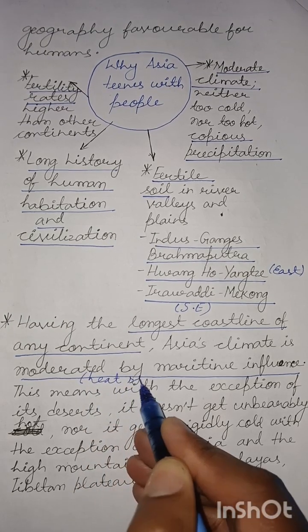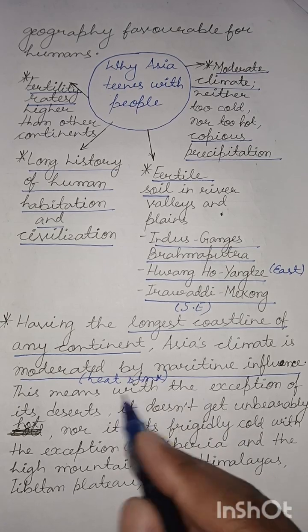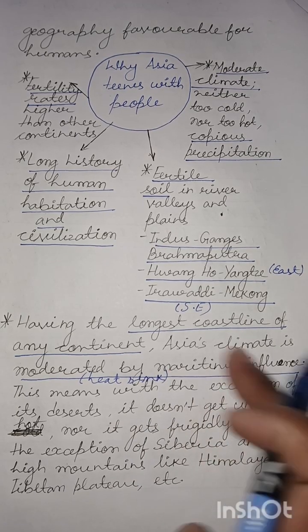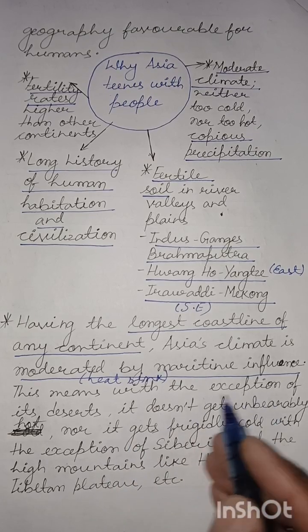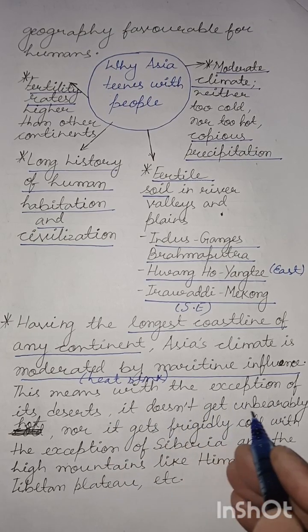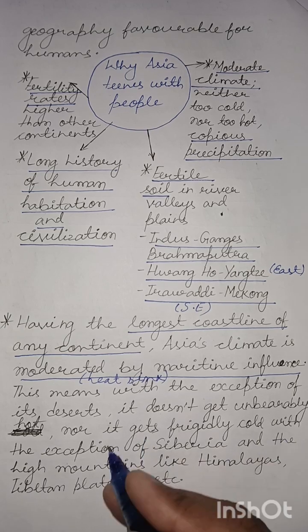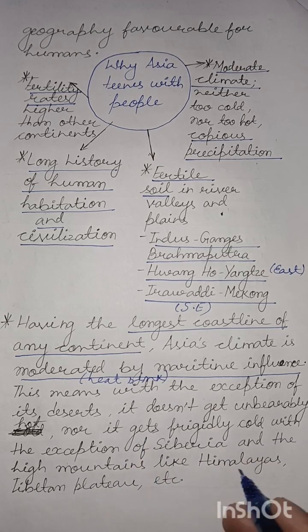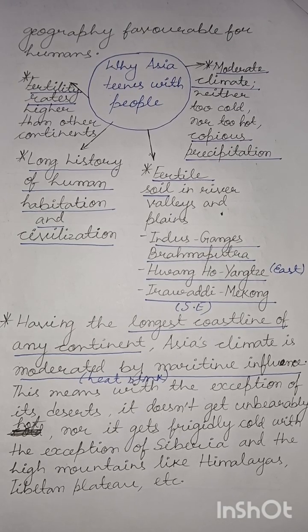If space and time permits, you might add that due to the oceans being a heat sink, the climate of Asia is mostly moderate. This means, with the exceptions of its deserts, it does not get unbearably hot, nor does it get frigidly cold, with the exception of Siberia and the high mountains of the Himalayas, Tibetan Plateau, Pamir, etc. So basically these are some of the areas where Asia indeed has extreme climates.